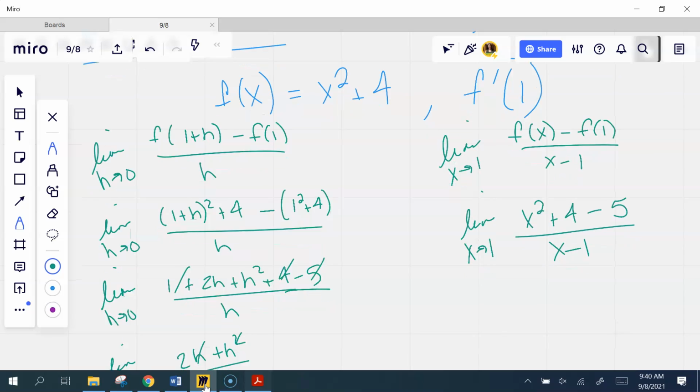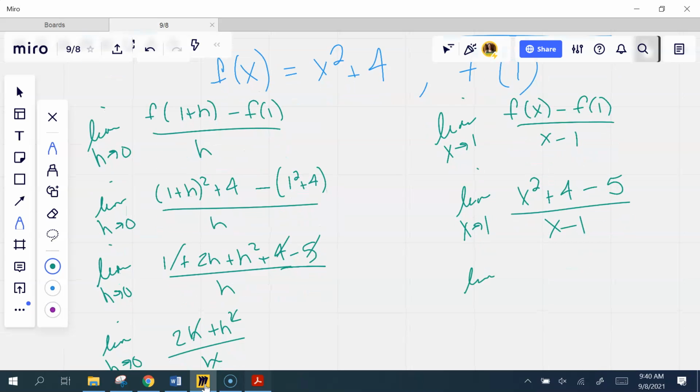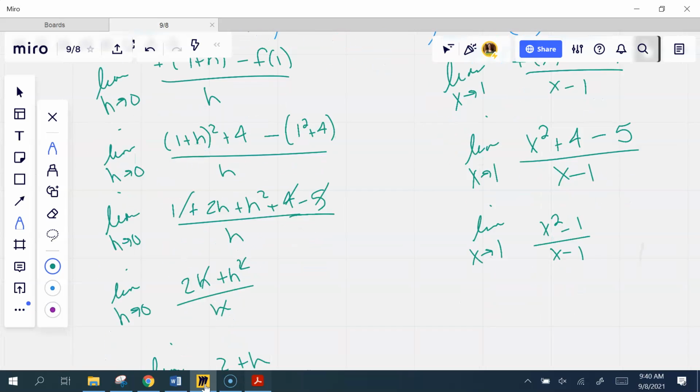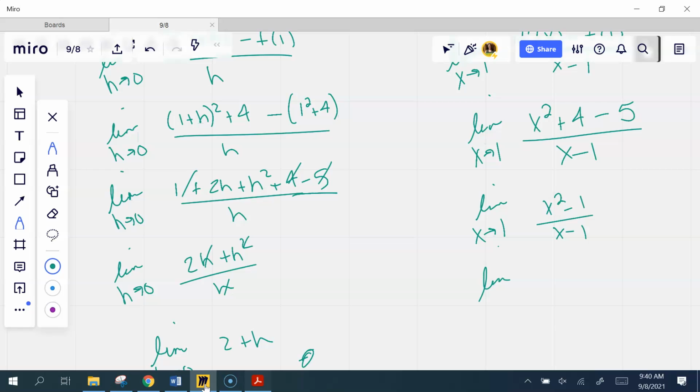It would be 1 squared plus 4, right? So x squared minus 1 over x minus 1. I recognize that that's a difference of 2 squares, so I can factor that. Remember, I got to get that whole plug some way.